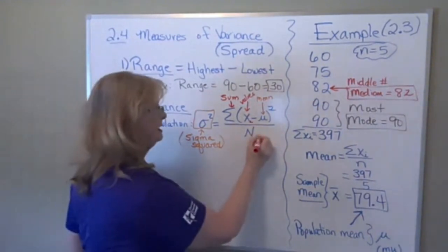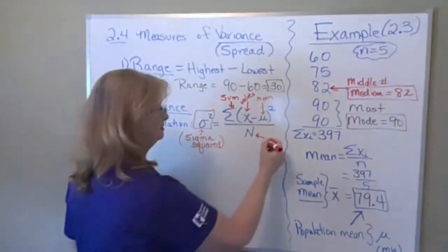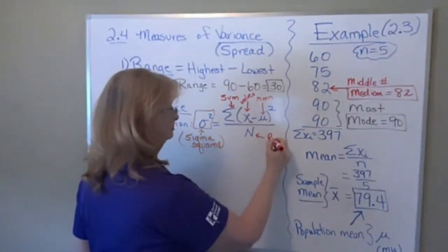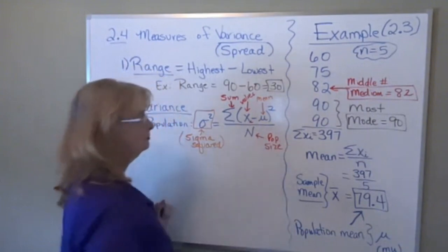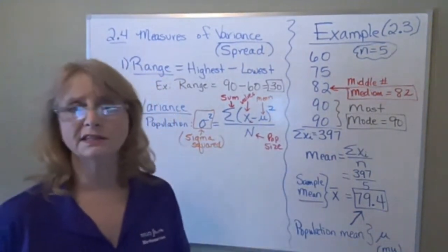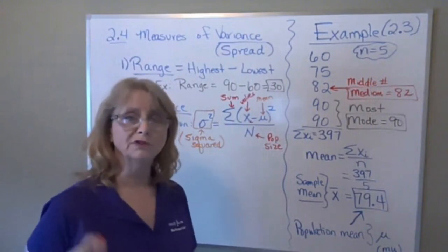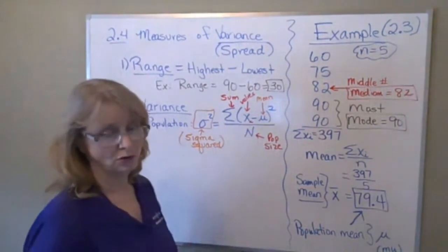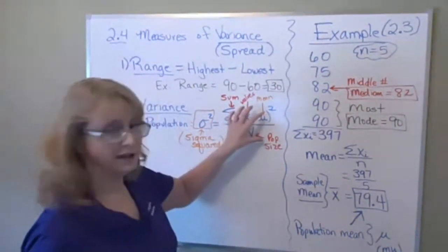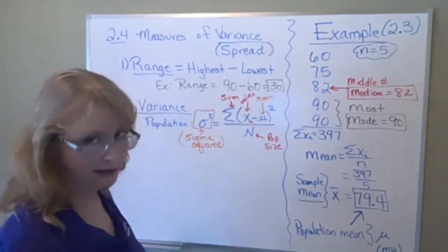And then the capital N, remember, is the population size. So this is why knowing the symbols, this is why I have that symbol sheet for you, because knowing what the symbols mean makes it possible for you to fill in numbers for a formula like this.